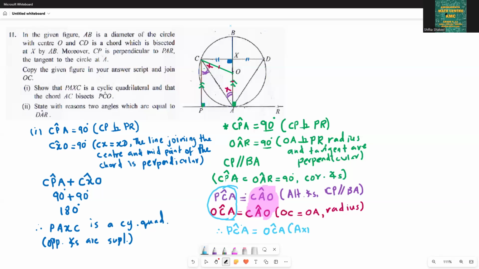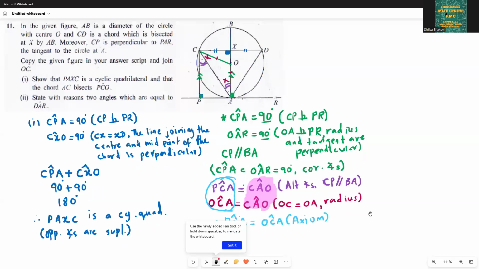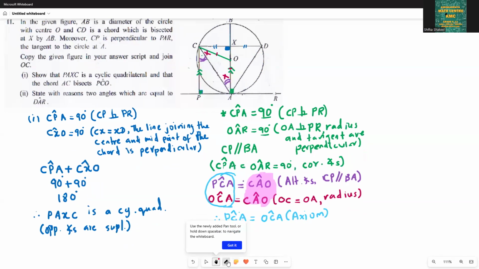These two angles are equal. Therefore, OC is the angle bisector. If you can prove this angle and this angle are equal, then AC bisects. Bisect means dividing into two equal parts. The line AC bisects the angle PCO.